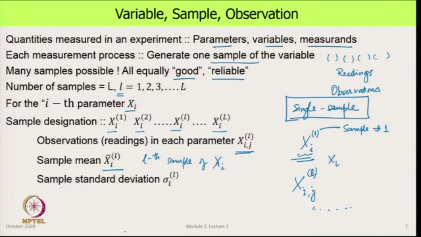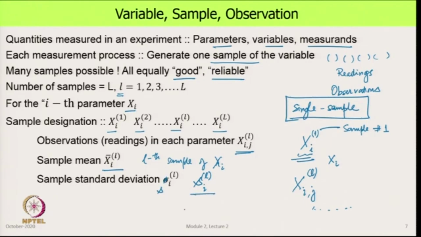And using the same formula that we saw in the previous slide, we can calculate the sample standard deviation, which is S I to the power in bracket L. Sigma, as we said, is for a population, so we should be using small s over here.